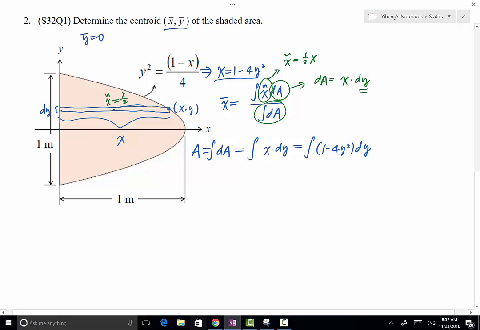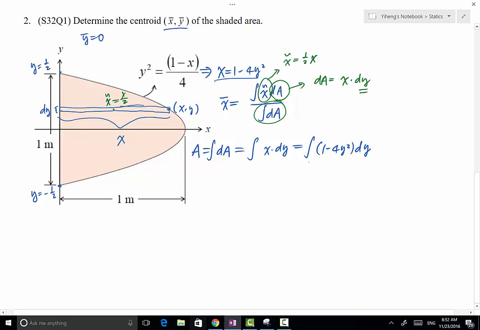Now I only have one variable, which is y, and for this entire shape, it is integrated from y equals negative 1/2 meter, because the total height is 1 meter and it's symmetric, to y equals positive 1/2 meter.